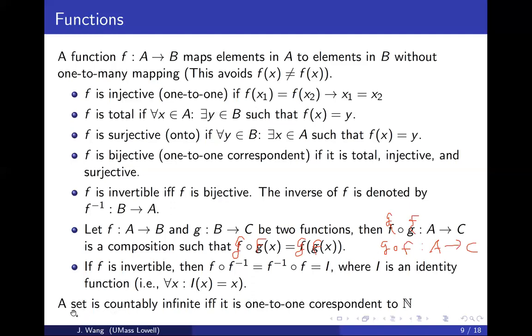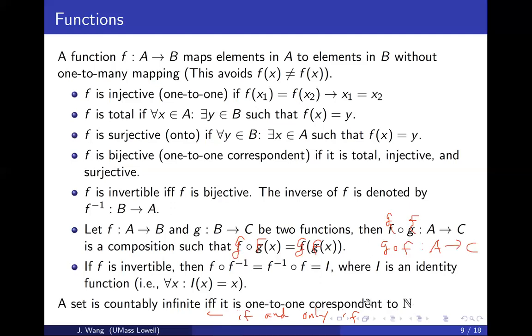All right, so now we can define what it means by countably infinite sets. Okay, a set is countably infinite if and only if this set is one-to-one correspondent to N. So this is the natural numbers.